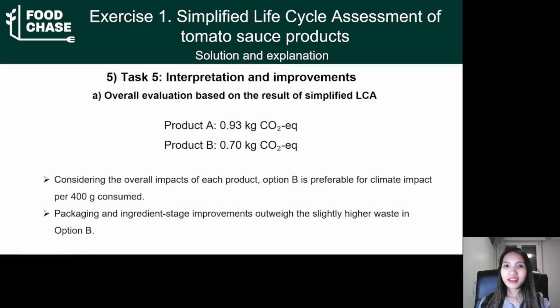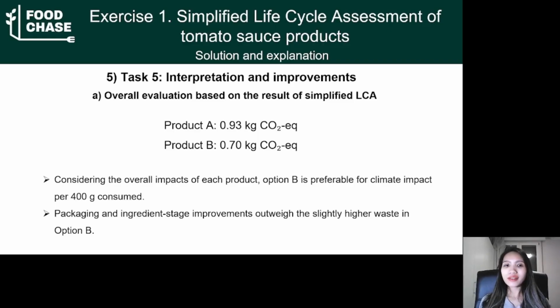The last task is interpretation and improvement. Firstly, we consider the overall evaluation based on the results of the simplified life cycle assessment. The total carbon footprint of product A is 0.93 kilogram CO2 equivalents, while product B is roughly 0.70 kilogram CO2 equivalents.